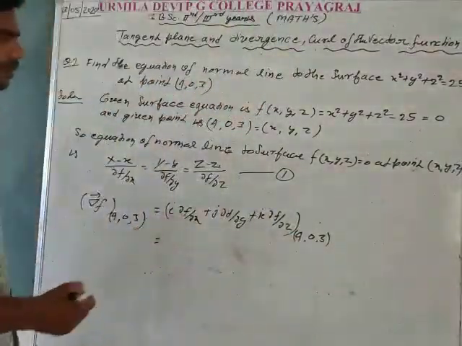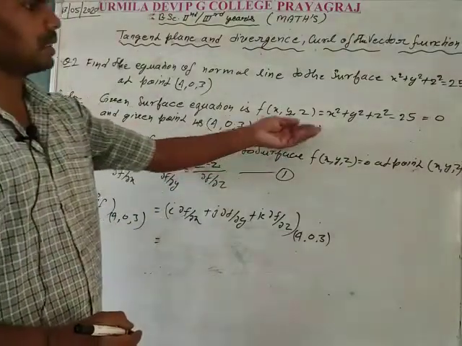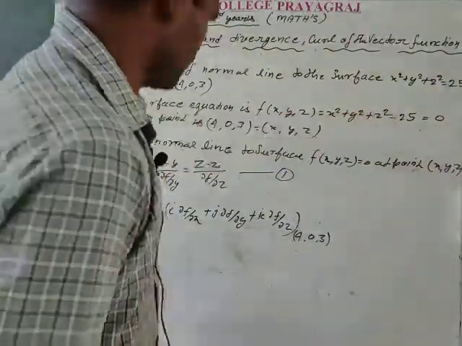Here putting the value of f, which is x square plus y square plus z square minus 25.